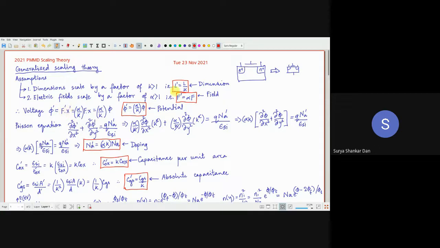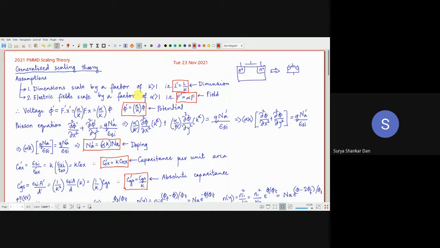The field scales by alpha into F, so there is one alpha here. x dash scales as x by k. So there is an alpha by k factor into F into x. Field into distance is the original unscaled potential. So the potential scales by alpha by k.